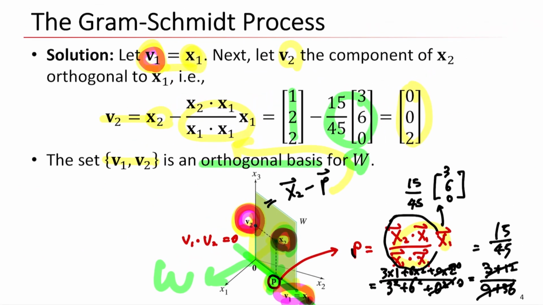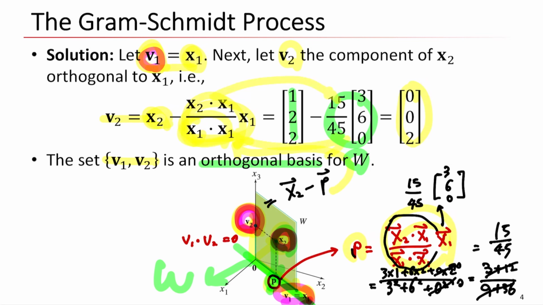So what is p? p can be represented like this, the formulation of the orthogonal projection of x2 onto the x1 space. We already know x1 and x2, so we can easily compute this term, right?